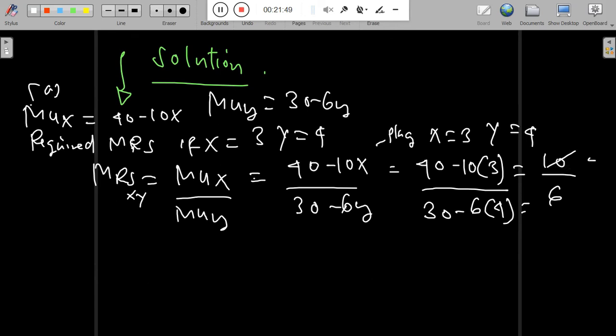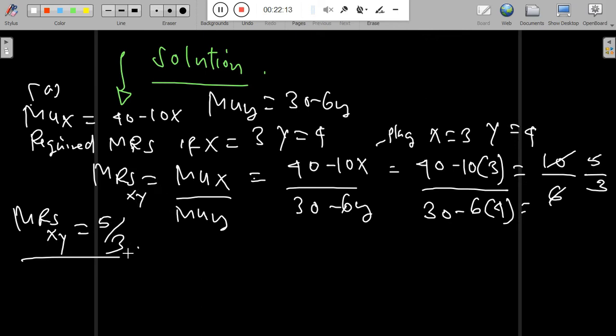Then 30 minus 6 times 4 will give you 6. So this will give you 10 divided by 6, which is equal to 5 over 3. So the marginal rate of substitution of X and Y will be equal to 5 over 3. So that is part A.